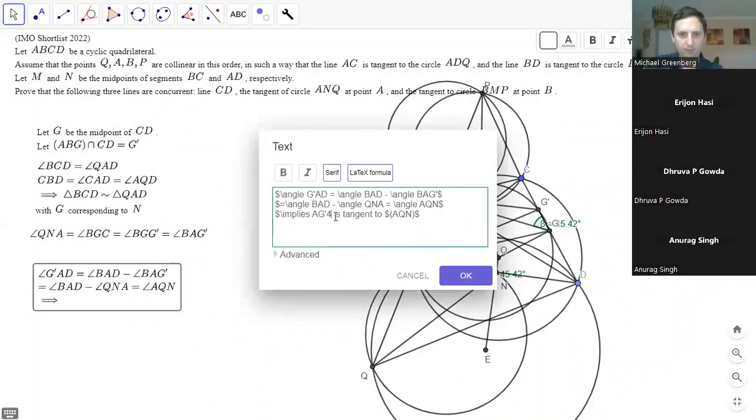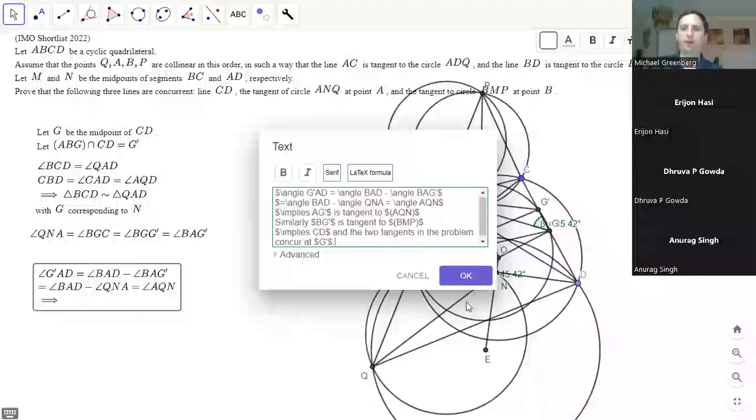Similarly, BG prime is tangent to the circle BMP. And that solves the problem, because that means that CD and the two tangents in the problem concur at G prime.